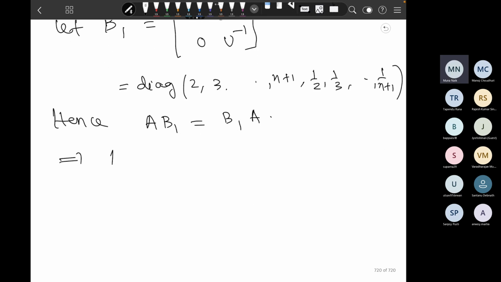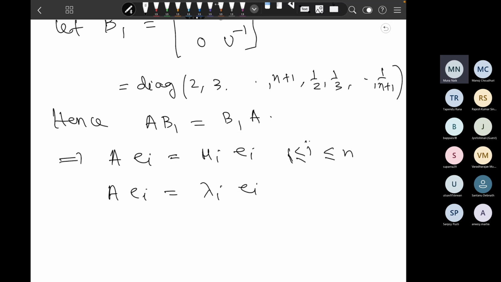That implies that a of ei is equal to really mu i ei, so i is equal to 1 to n. And a e i is equal to something like lambda i e i.